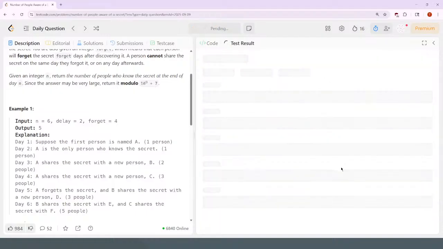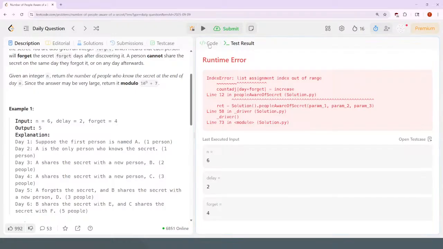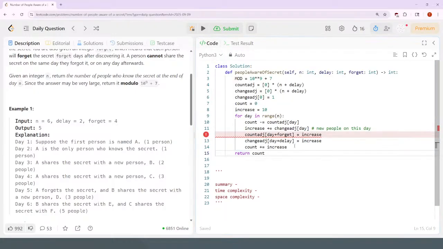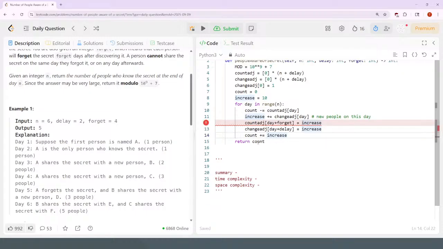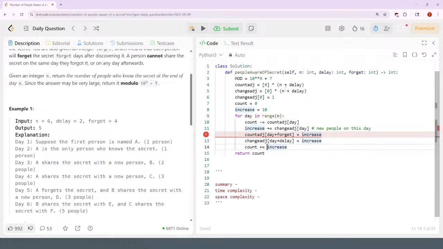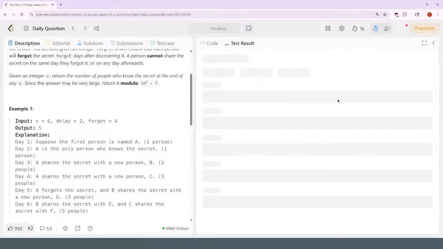So let's see how far away this is. So actually I need to do the modulo. Well, I can worry about the modulo in a bit. So this goes out of bounds. Okay, maybe delay plus 1.